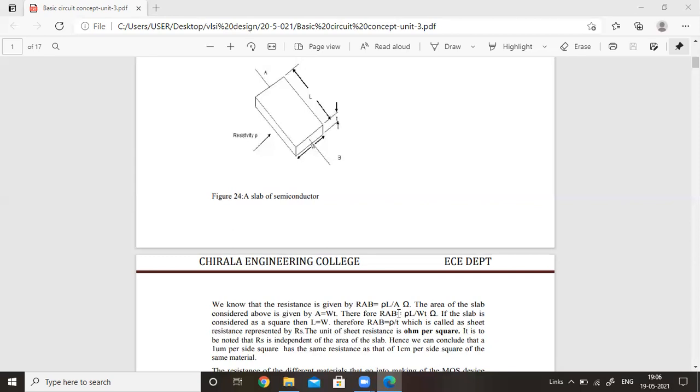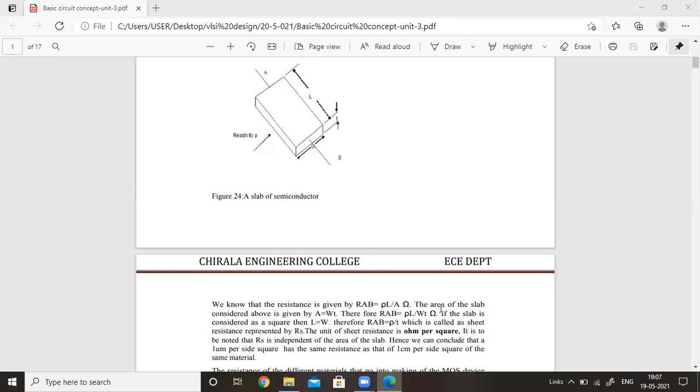We are going to divide this equation: R suffix AB is equal to rho into 1 by T into L by W, or R suffix AB is equal to L by W into rho into 1 by T ohms. Now what is L by W basically? It is the length to width ratio.